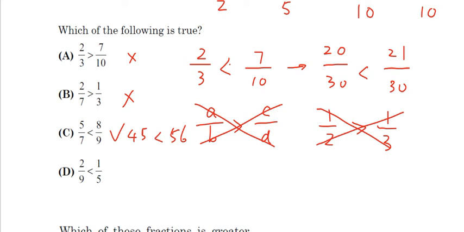The larger fraction's numerator times the other's denominator should be larger than the other way around. I get confused sometimes, so we just check simple examples like 1/2 is larger than 1/3. So should it be this multiplied by this? Let's see. So these are not true. There's 2 multiplied by 5 is 10, and 10 is actually larger than 1 times 9.